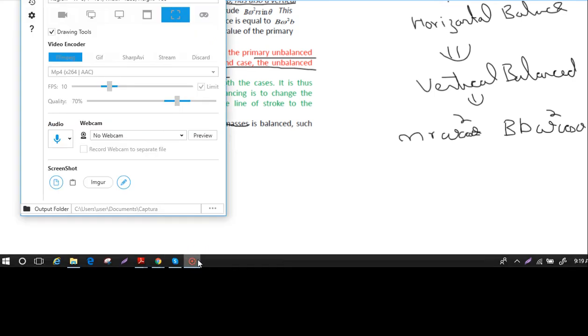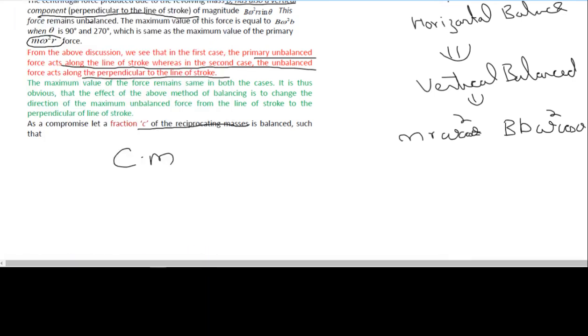Normally c is taken as two-thirds. So taking c m is equal to B, or c m r is equal to B b. This is a compromise we take for that vertical unbalanced force that comes in.